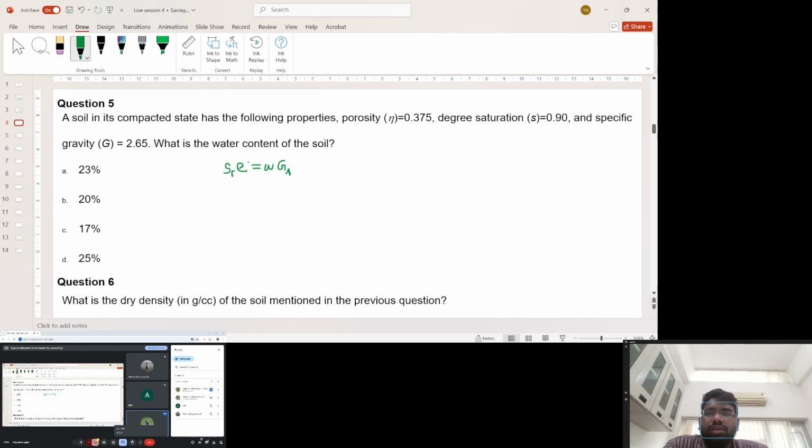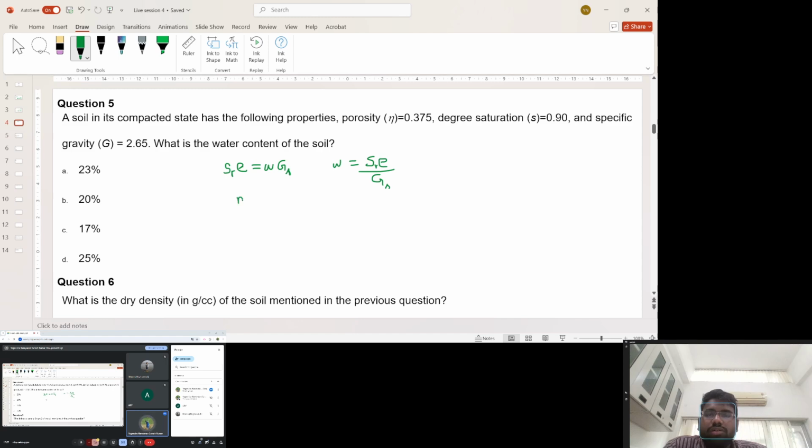So you need e first. The unknown is w. w can be written as S e by Gs, any notation is fine. Now you know the saturation, you know the specific gravity. e you need to derive.